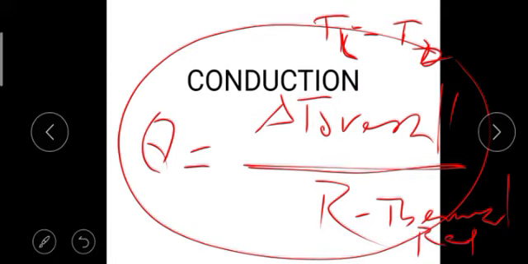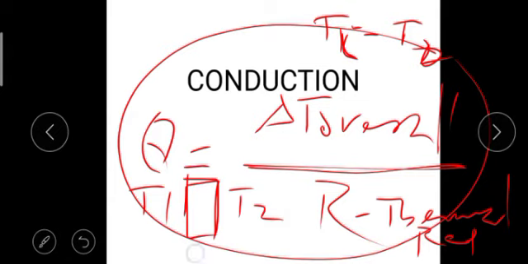So what is the thermal resistance? The heat is transferred from one place to another through some area. Now we can say the heat is transferred through a plate. Here is T1, here is T2, and in between is the thermal resistance.